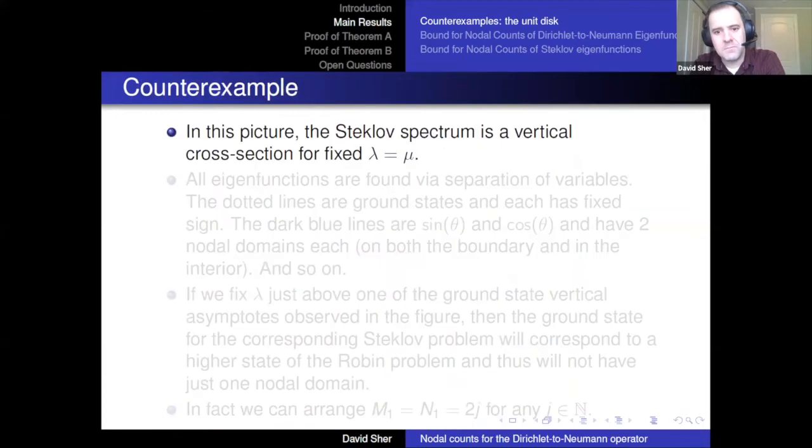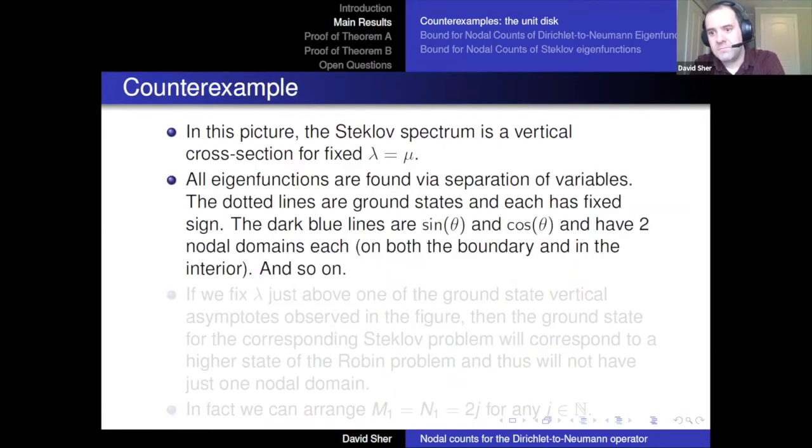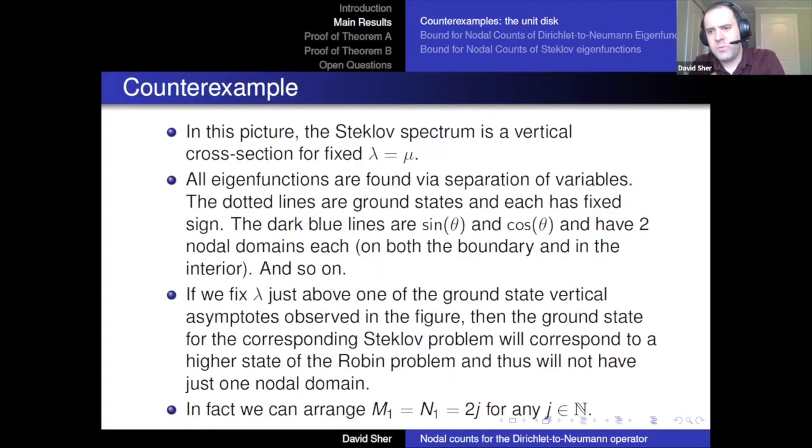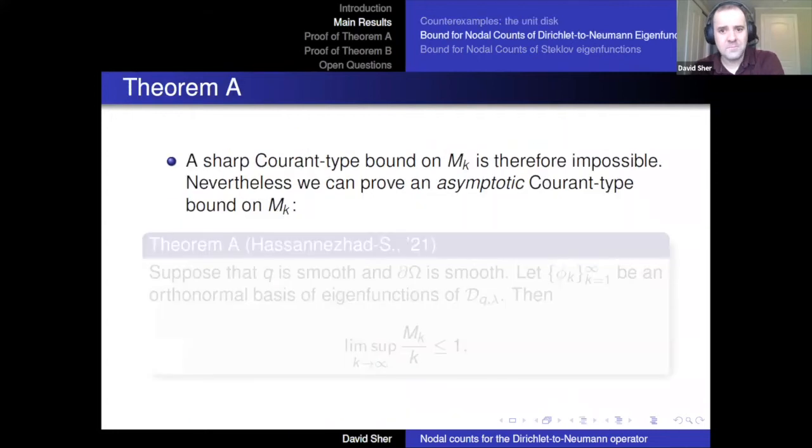And that immediately breaks Courant, because in fact you can arrange M1 and N1 to be 2J for any J just by picking lambda appropriately for the disk. So it's totally hopeless to get a full Courant theorem in this generality. It shouldn't be shocking, I guess, from this example. We're not claiming that this is revelatory. It's just, if you look at it, you're like, oh yeah, that can't work. So a sharp Courant type bound is impossible.